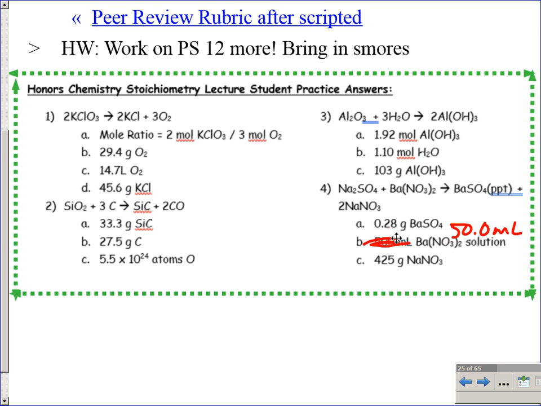Guys, usually much means mass. Much means mass. That's a kind of behind the scenes term. Like say 22.4?